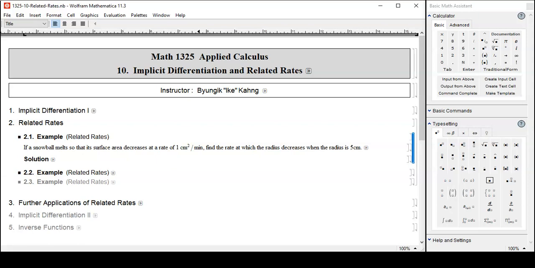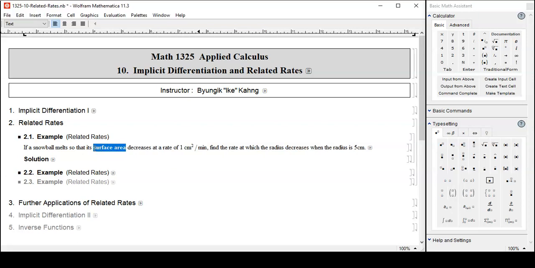Okay, at first glance it looks even more intimidating because we don't have any formulation. You have to somehow cough it up. But then again, it's not too bad because it's coming from geometry. So what's the relationship between the surface area and the radius? Remember?